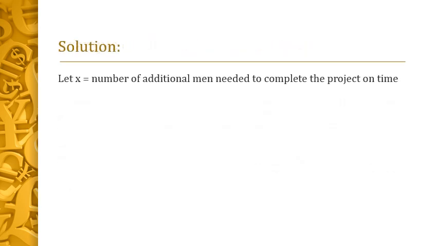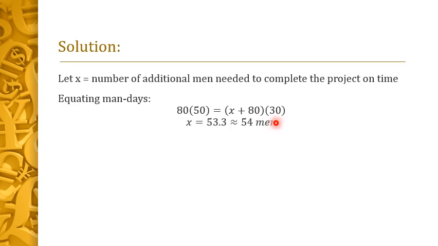First, let us compute the number of additional men needed to complete the project on time, denoted by variable x. To find the value of x, we equate the man days. That is, 80 times 50, meaning 80 men can complete the project in 50 days, is equal to x plus 80 times 30, meaning 80 plus additional men can complete the project in 30 days. x is now equal to 53.3.